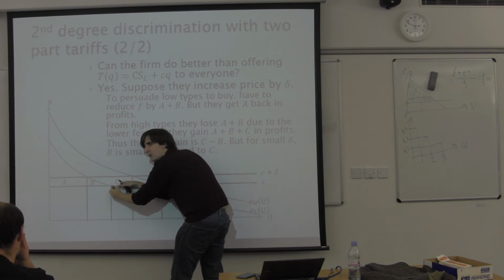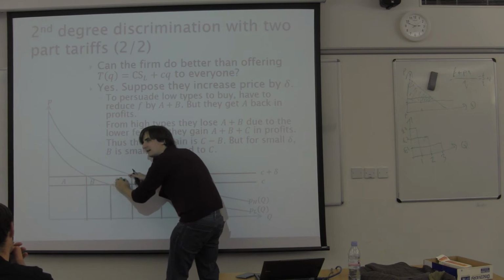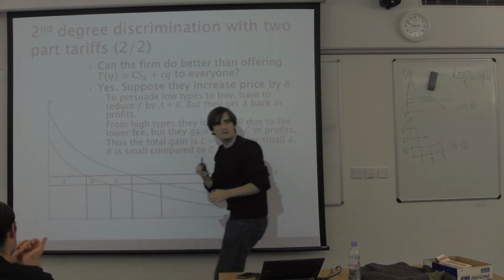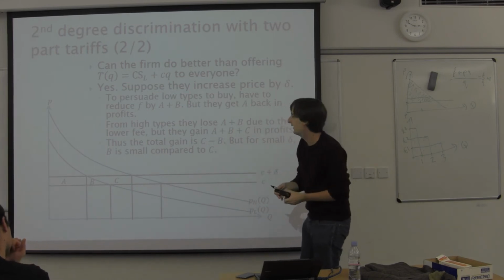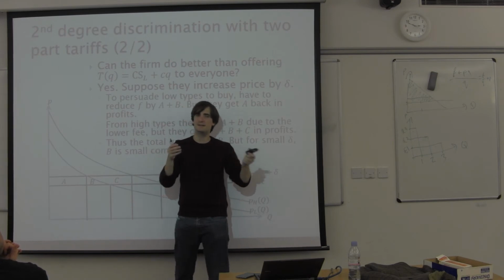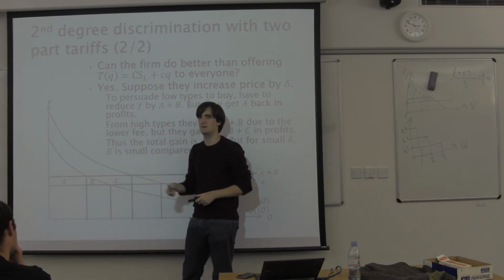This distance is always going to be one of the sides of C. So the area of C is going to be this distance times delta, roughly. So the area of C is going to be something like delta, the area of B is going to be something like delta squared. So when delta is very small, delta squared must be smaller than delta, so the area of B must be smaller than the area of C.